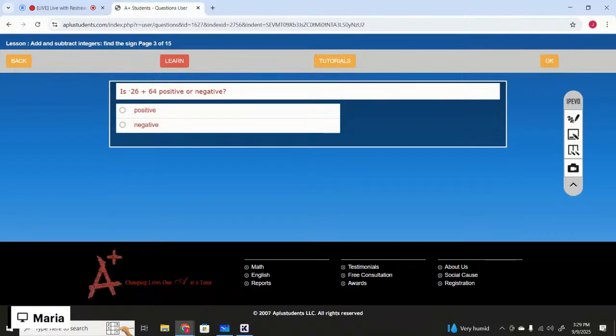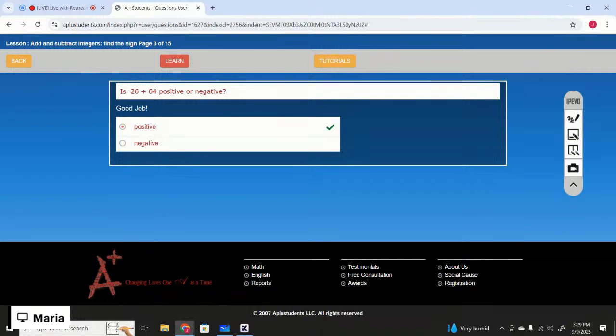Is negative 26 plus 64? So 64 is the greater number with a positive sign, so the answer must be positive. Option number 1 is the correct option.